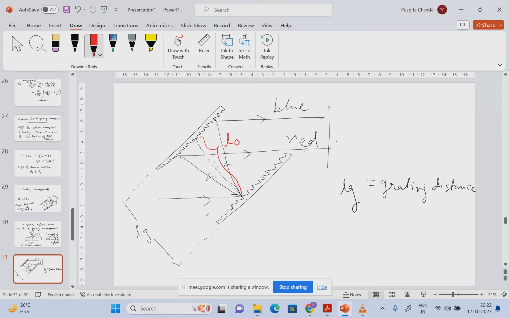This is called L naught. So L naught is the path traveled by the central wavelength.